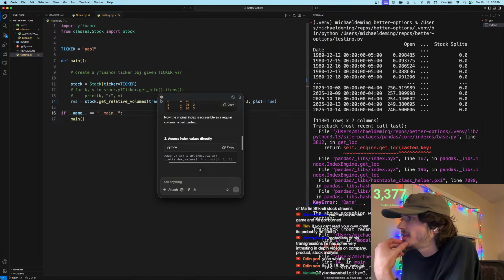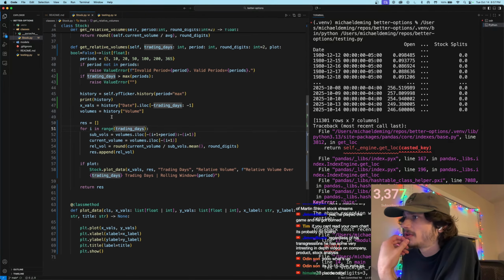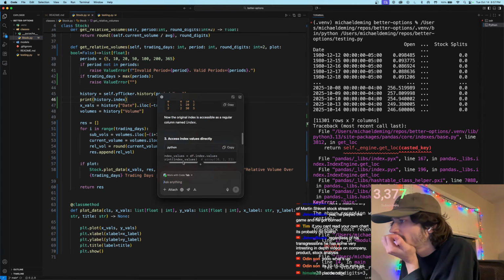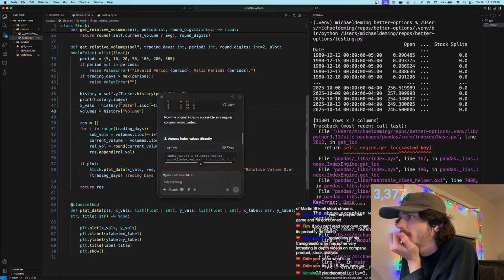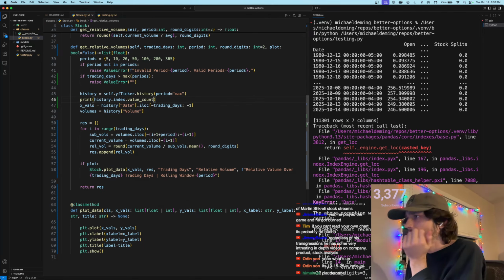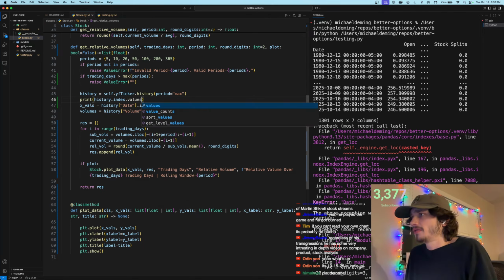Okay, so if I get the index values, let's print out, not history, let's do dot index. What? Is that all it is? Is data frame dot index dot value count, not value count. Okay, so dot values.